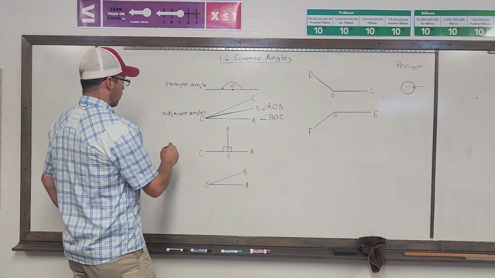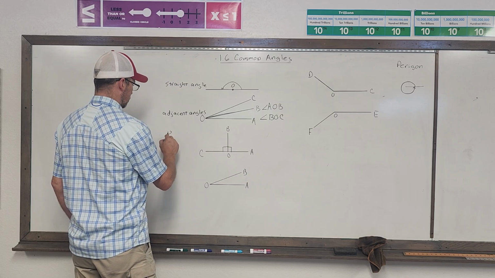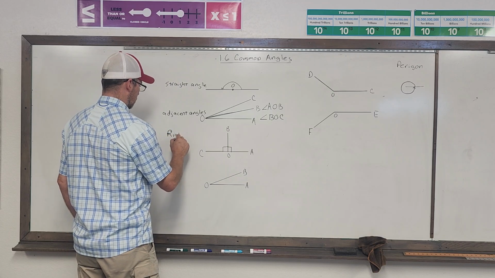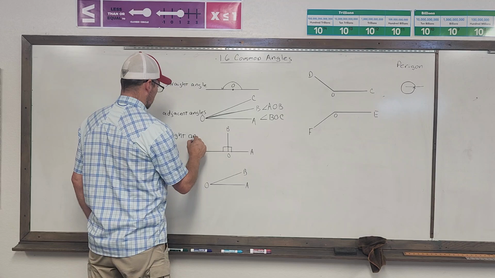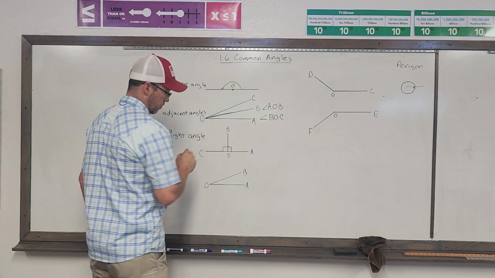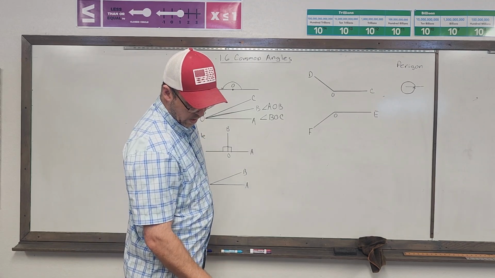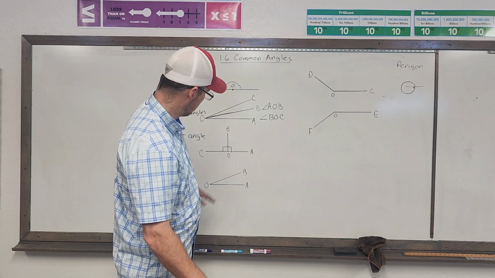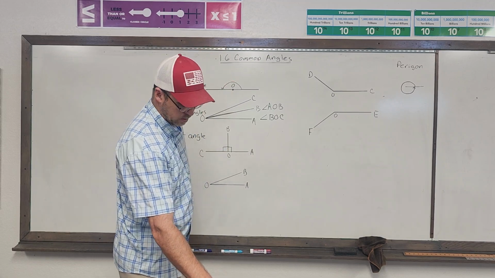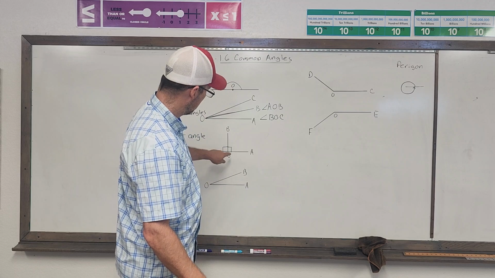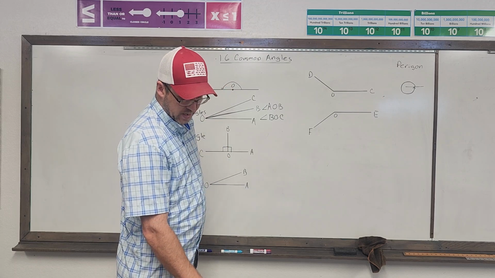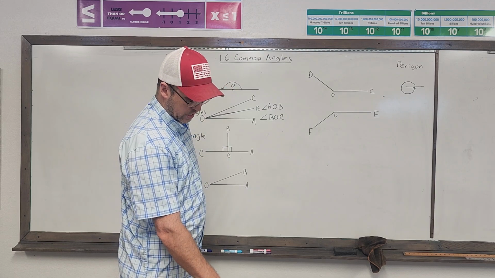This is a right angle. All right. Right angles is when one straight line, AC, meets another, OB, and has to make two equal adjacent angles.